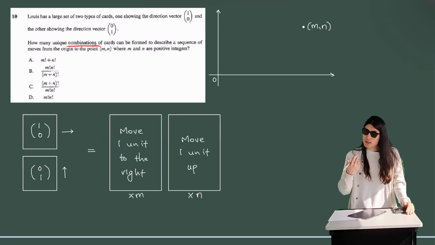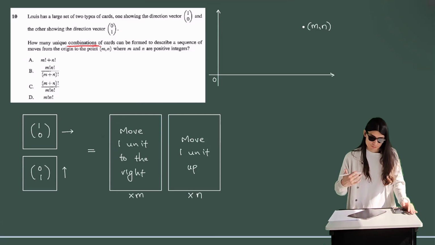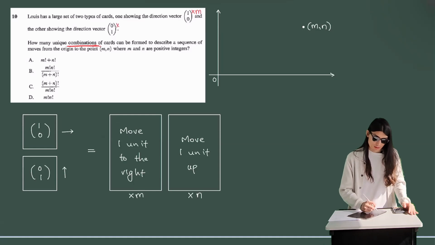then the combination of cards that you need is m of this card and n of the other card, right?